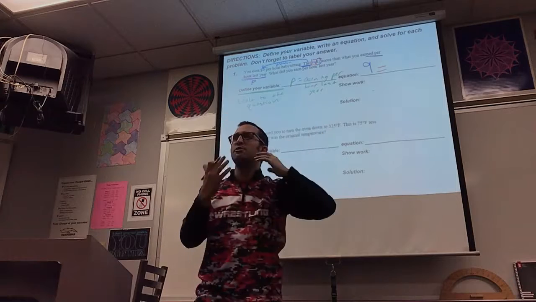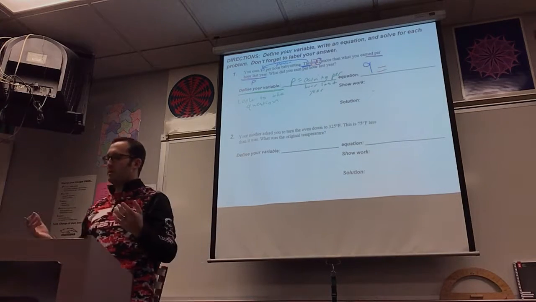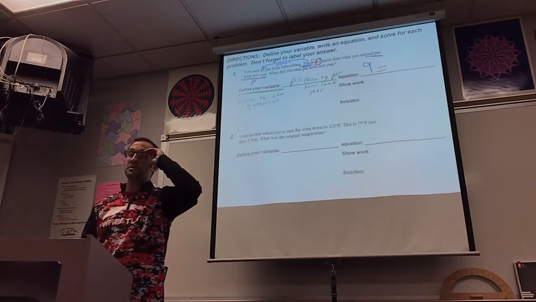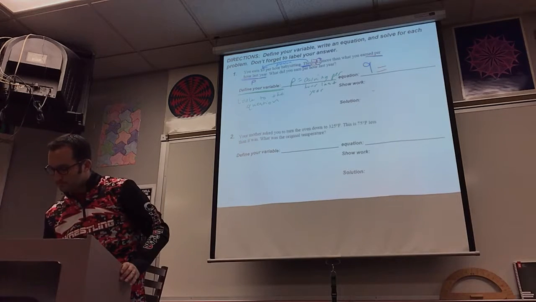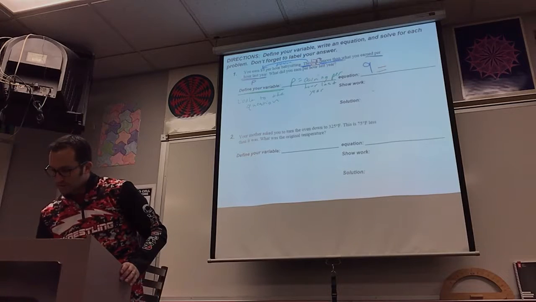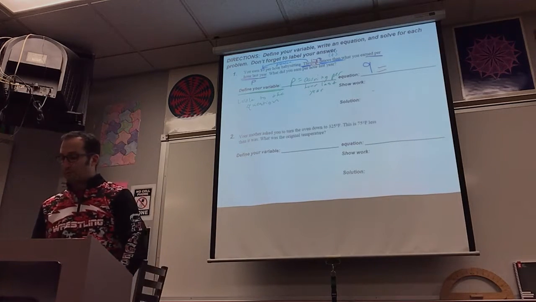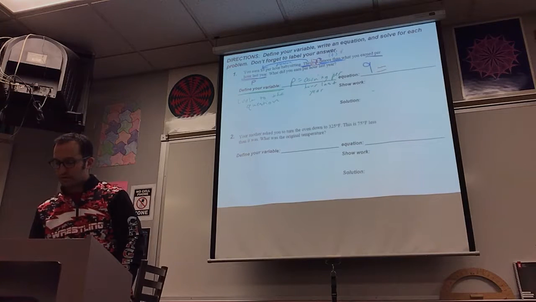We have 2, but we don't know the operation. What words help us figure out the operation? Anna? More than. So that's going to be an addition sign, right? But we remember more than is one of those reverse ones, right?